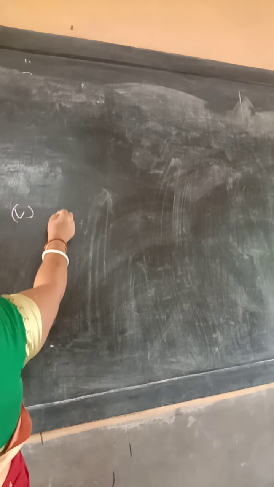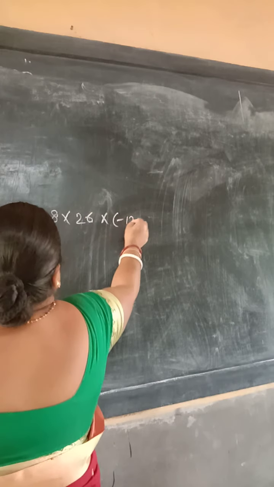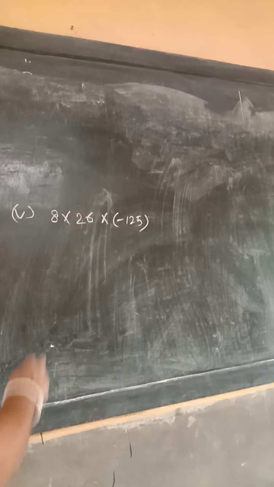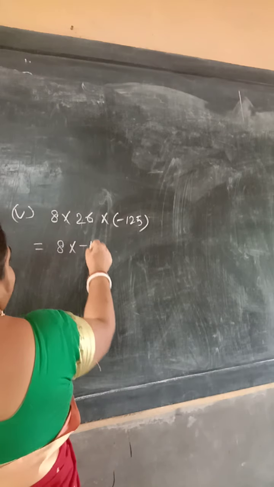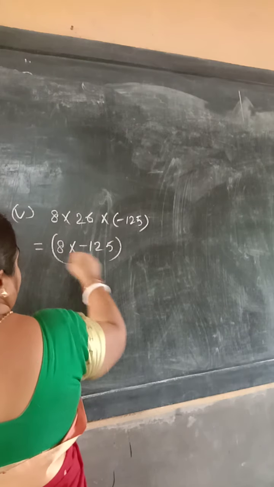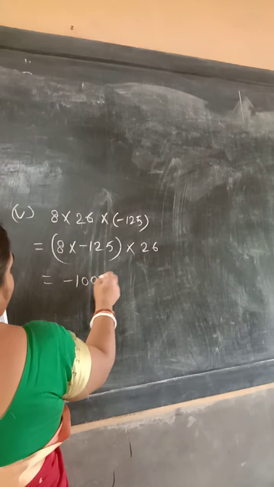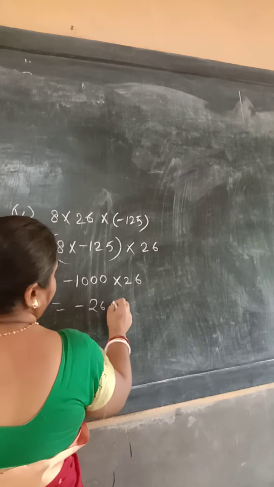Question number 5. It is given 8 into 26 into minus 125. Now if I group this 8 and minus 125, I will get minus 1000, multiplied with 26. Immediately I can get my answer.